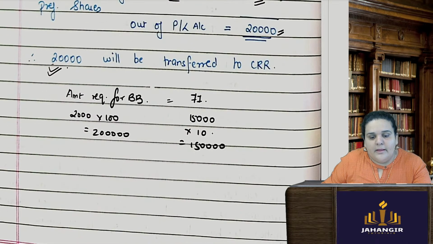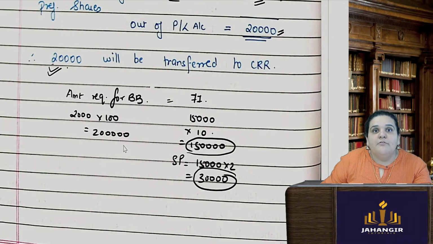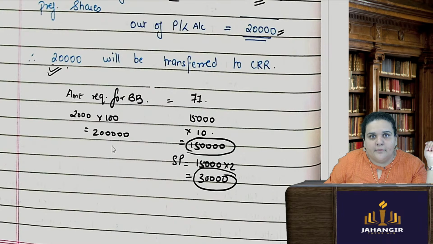And also the securities premium account, I will get 15,000 into 2. That is 30,000. So I am using both. I am using 1,50,000 and also 30,000 securities premium account for the purpose of buyback.